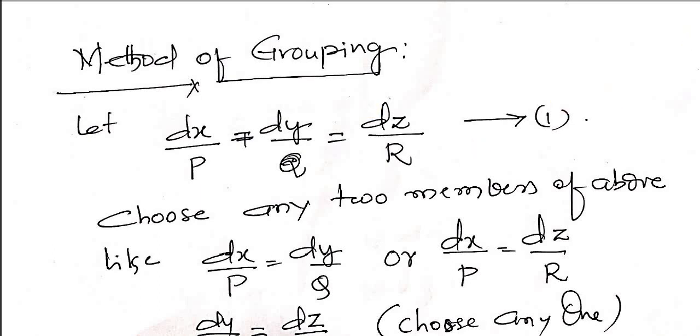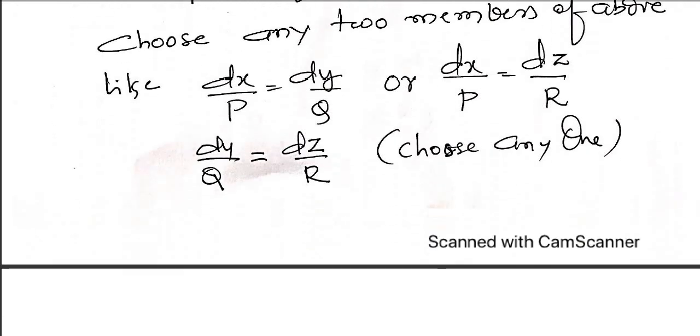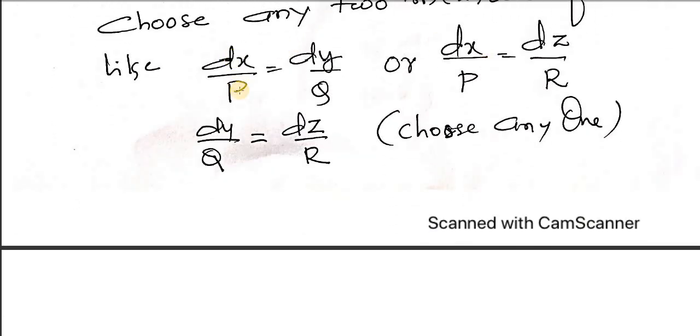For example, I can choose dx by p equals dy by q, or dx by p equals dz by r, or dy by q equals dz by r. Choose any one pair among the three equations.